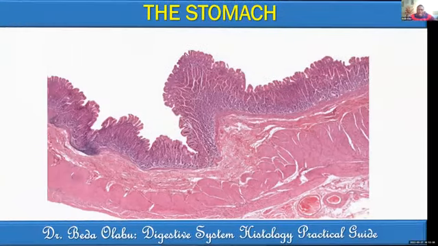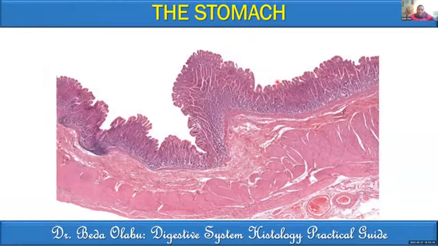Now, let's look at how the stomach will look histologically. Here's a slide of the stomach wall. And from our previous talk, you can capture a number of things here. First, we capture that the muscle layer is very thick. As you can see here, it has a thick muscular layer.